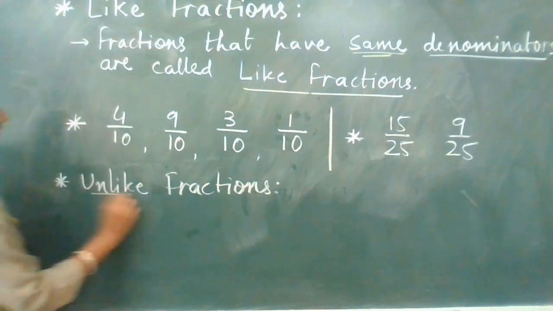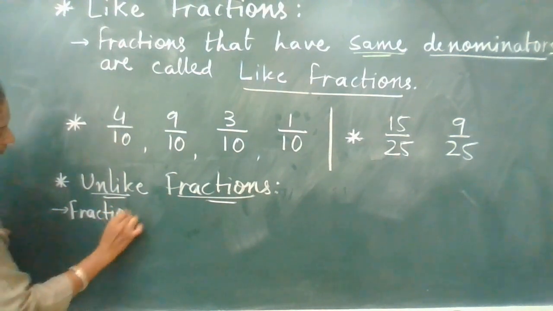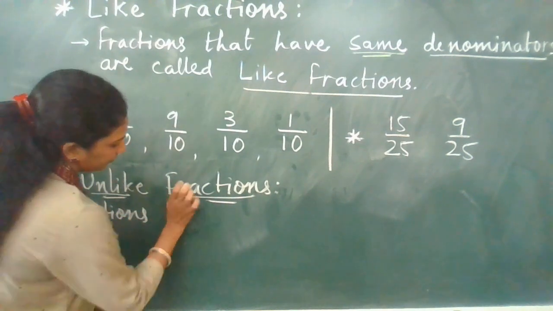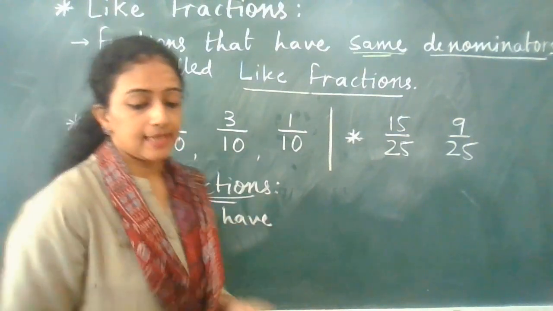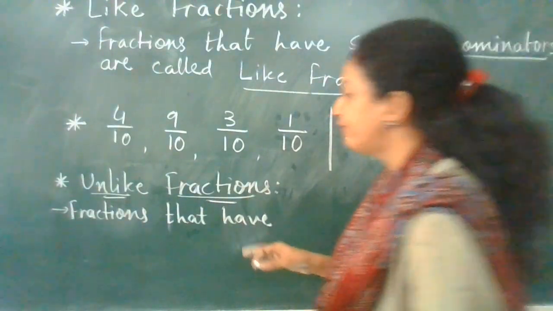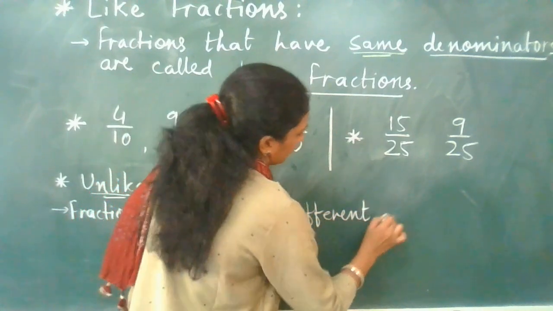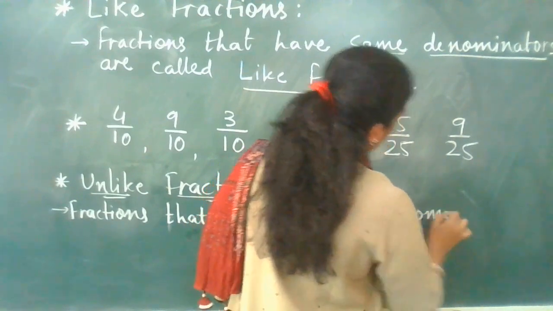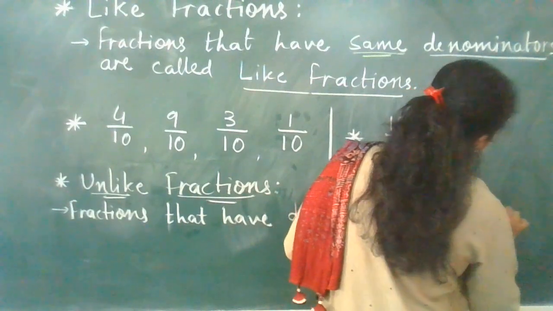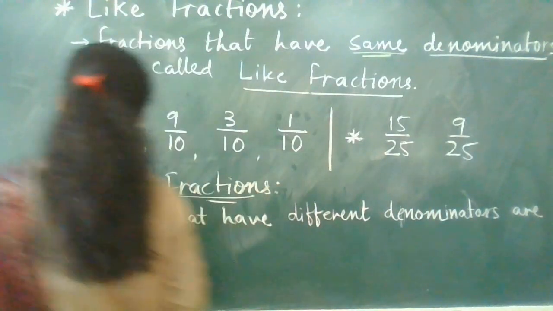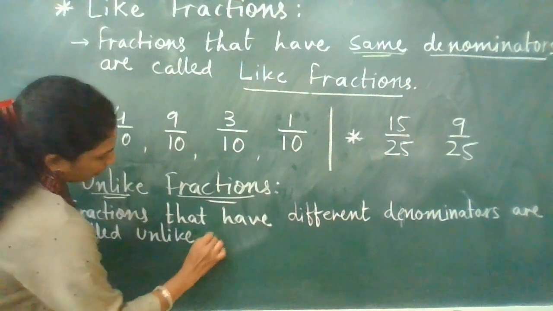In unlike fraction, you can say that fractions that have different denominators are called unlike fractions.